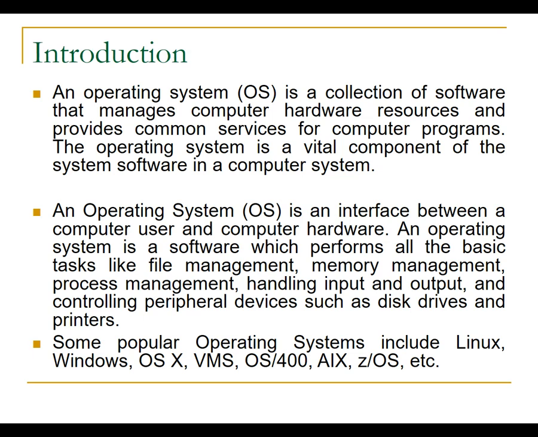That means, as we have discussed in BCA semester 1, there is one classification of the computer. The entire computer is made up of two parts. One is hardware and another is software. Hardware contains two subsections, that is input devices and output devices.